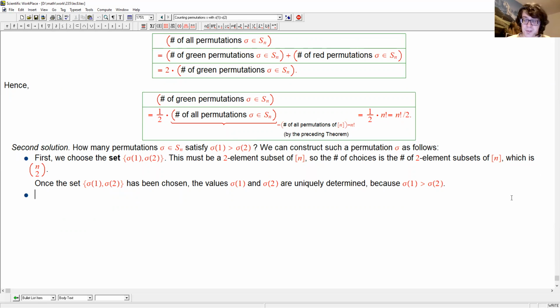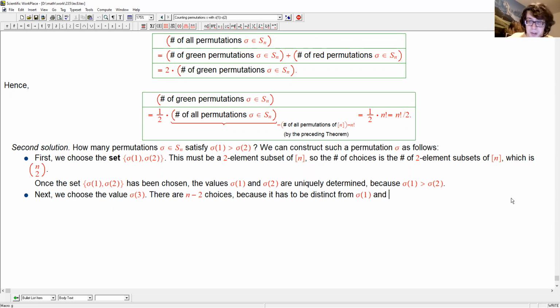Okay, now we have dealt with the first two values, and the rest we do as usual. So next we choose the value sigma 3. There are n-2 choices because it has to be distinct from sigma 1 and sigma 2. Next, we choose the value sigma 4. There are n-3 choices because it has to be distinct from sigma 1, sigma 2, and sigma 3.